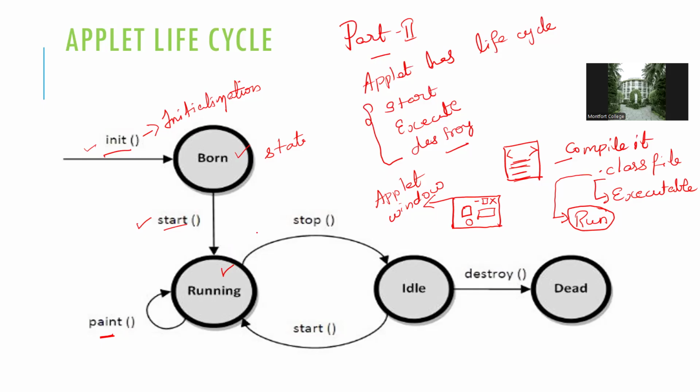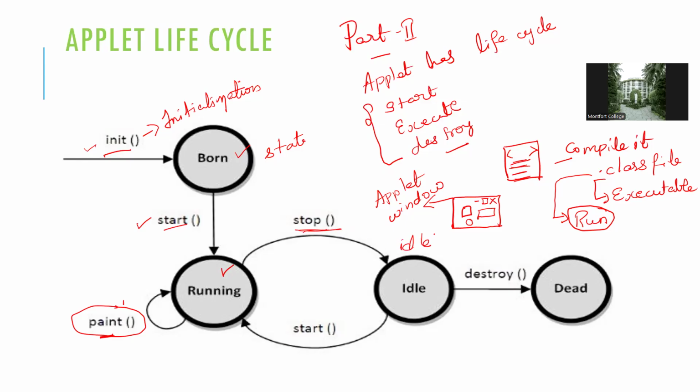When we enter the running state, the paint method will be executed, which means the paint method will be called. Once the paint method completes its task in the applet window, the stop method will be called, and then it is going to be in the idle state.